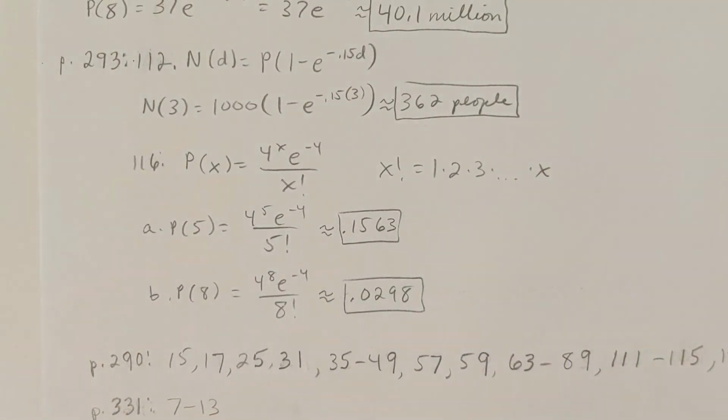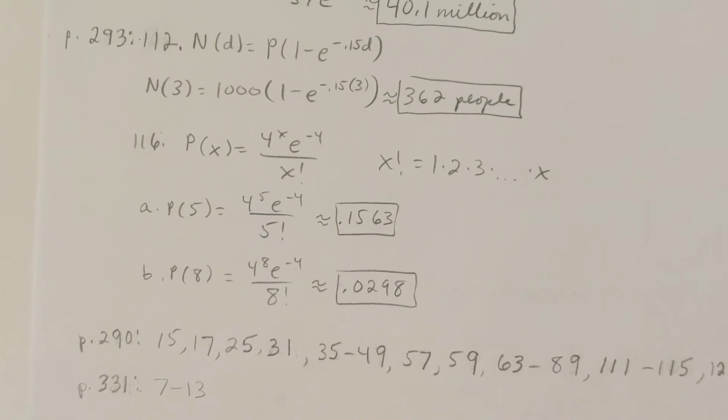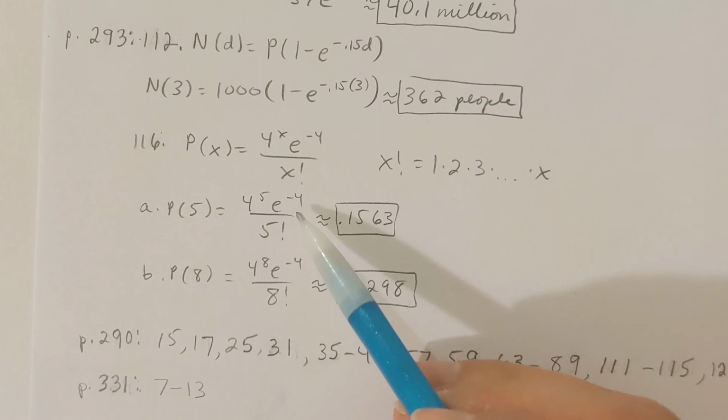So the probability that 5 people arrive within the next minute is where x is 5.